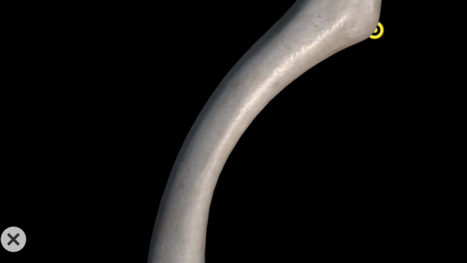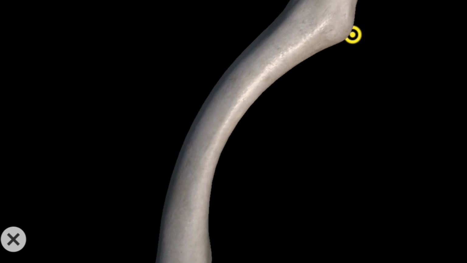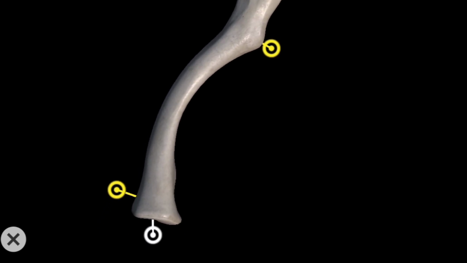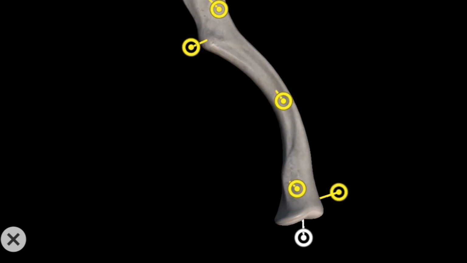If you see from the upper side, or superior side, from the head, we will see the clavicle like this, concave. And if we see inferiorly, we will see it like this. This is the inferior of the clavicle. Here is the costal tuberosity.